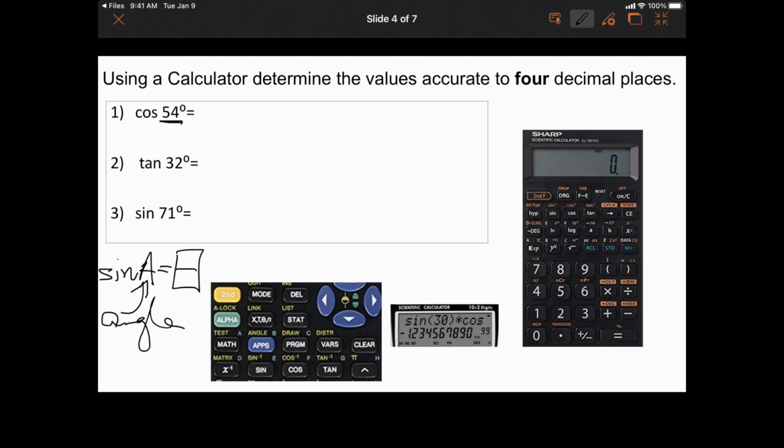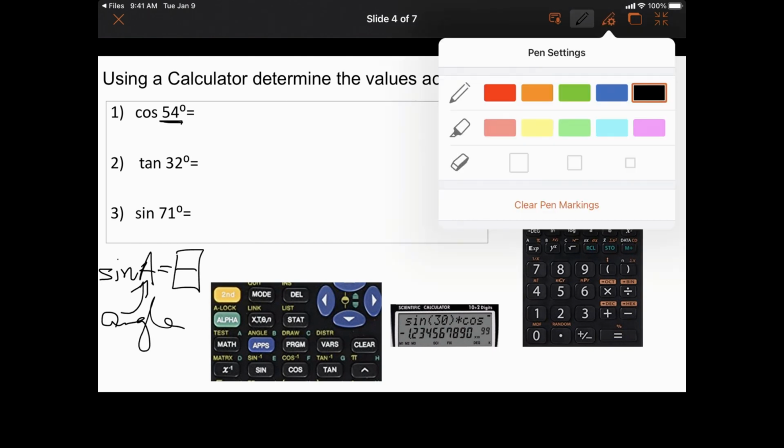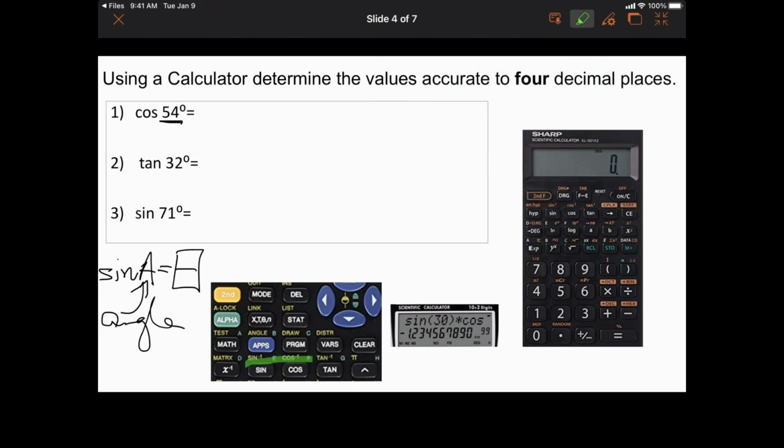Again, to review, for this one, for cosine, I would hit cosine first, and then I would type 54, and then equals. For this calculator here, I would type 54 first, then cosine.